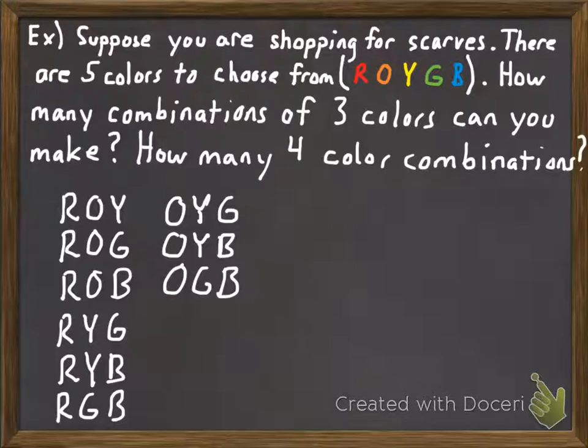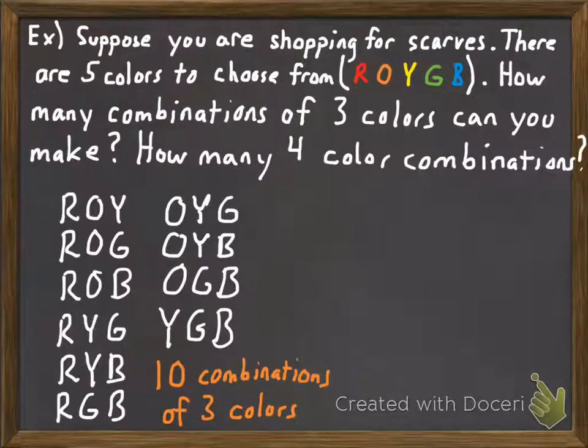That's it for combinations of 3 including orange, and we've already got the red out of the way. How about 3-color combinations that don't involve red or orange? Yellow, green, and blue is the only such combination. Hopefully you agree that I've used every possible grouping of 3, and that's 1, 2, 3, 4, 5, 6, 7, 8, 9, 10 groups of 3 that I can make.